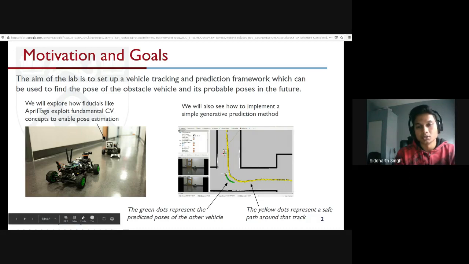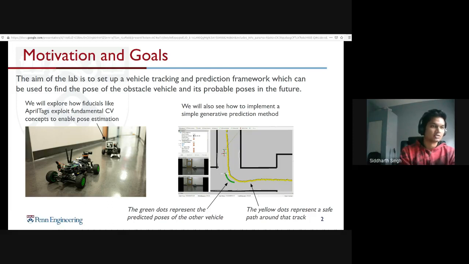For example, in this image, I'm seeing the car here, and I'm predicting the poses of that car based on some heuristics and some assumptions that we'll talk about in a while. And using this information, can anyone tell me, just so that we know that people are here and listening, where can we use this information? How can this information be useful? Anybody has any ideas?